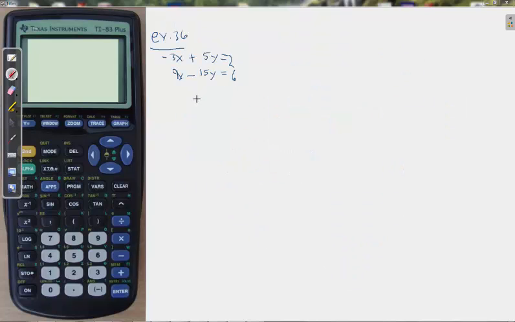This is exercise 36. I have negative 3x plus 5y equals 2 and 9x minus 15y equals 6. So I solve this by substitution. Doesn't look like there's any special way to make this easier either way, so I'll solve the bottom one for x, let's say. 9x equals 6 plus 15y. x equals 6 plus 15y over 9.